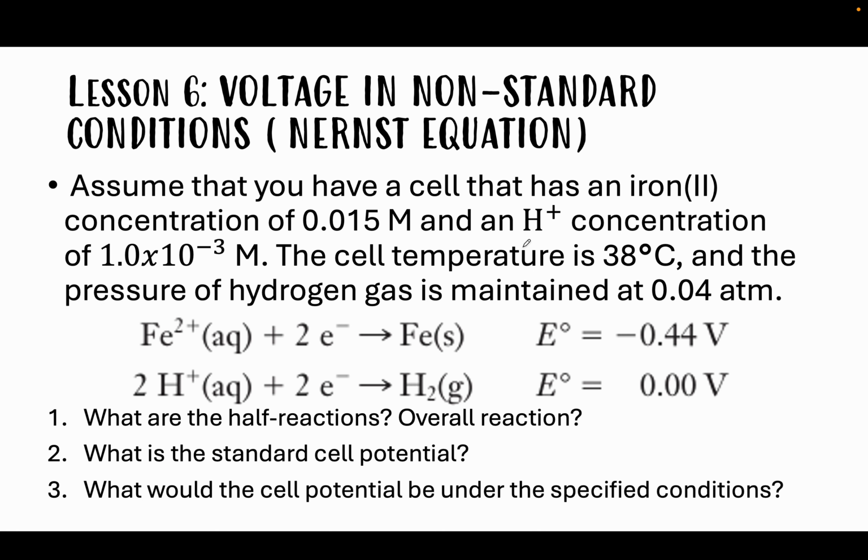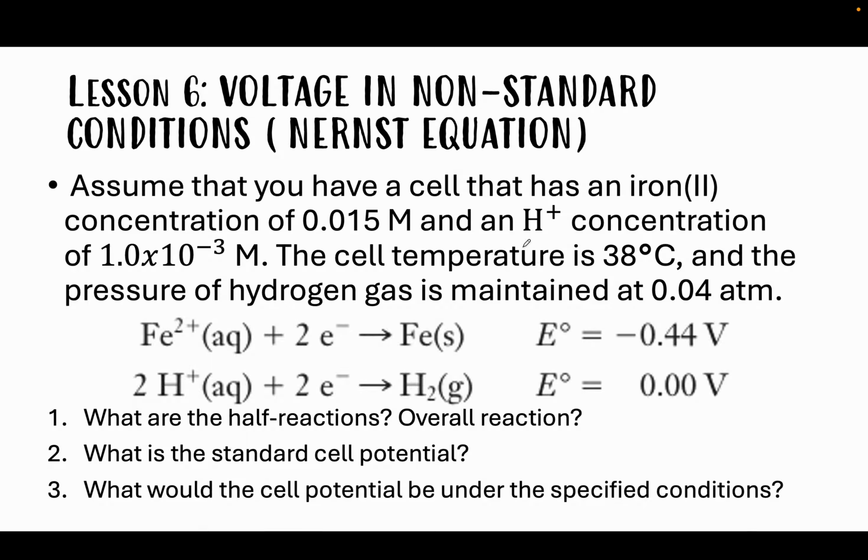Let's have a sample problem. Assume that you have a cell that has an iron 3 concentration of 0.015 molar and a hydrogen ion concentration of 1 times 10 to the negative 3 molar.